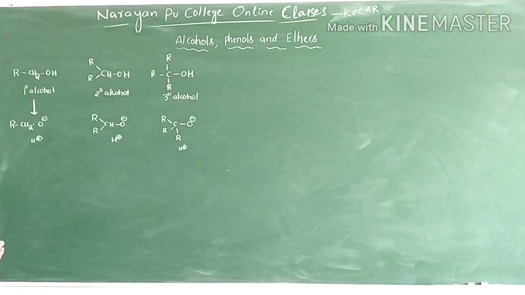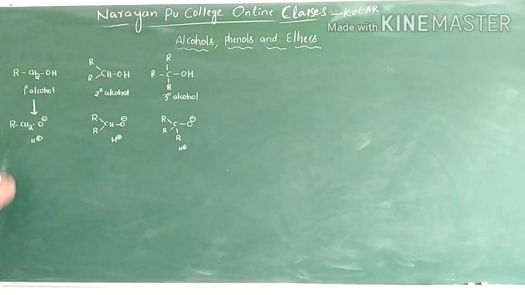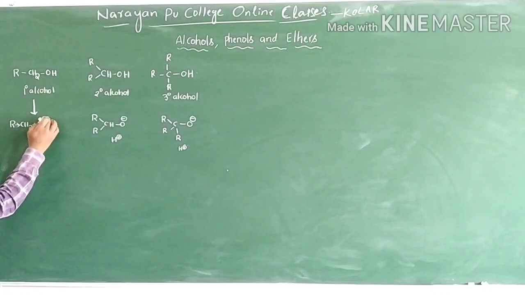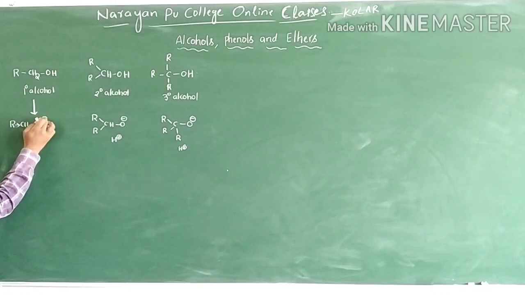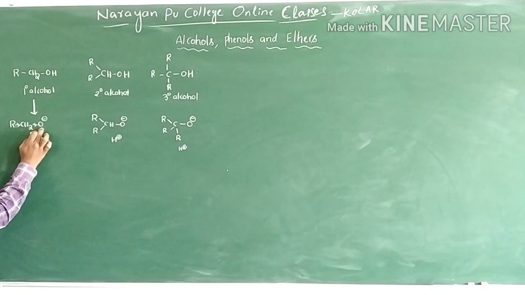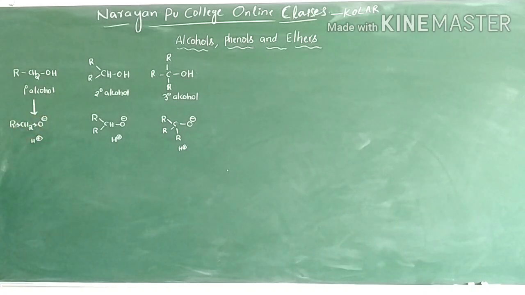Clear? Now you know that here alkyl groups are electron donating groups. They donate the electrons to CH2 and CH2 donates the electrons to O-. It means on the oxygen electron density increases, because a minus charge is already there and these are giving electrons to oxygen. Electrons mean negative charge, so on the oxygen negative charge increases.